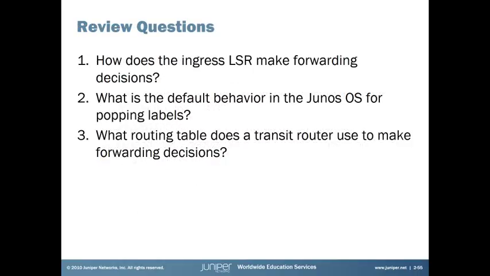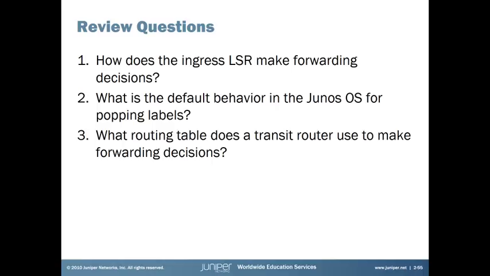Okay, so some review questions here. How does the ingress label switch router make forwarding decisions? We did talk about that, and there was a particular routing table that we referenced, which, you might remember, was the INET.3 routing table.